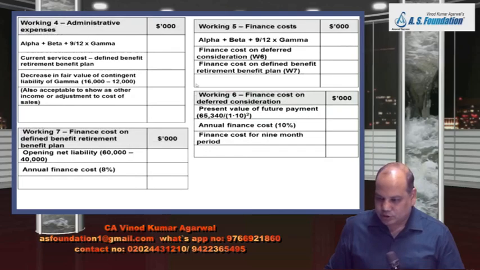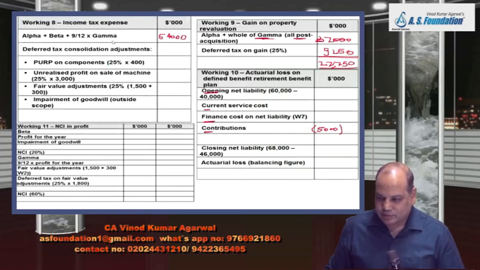So come to this working note on DTA, income tax expense, deferred tax consolidation adjustment. First you come to this line, fair value adjustment. Fair value adjustment, 25% of 1,500 plus 300.